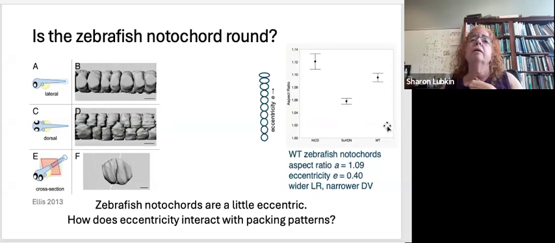In the wild type, which is dominated by the staircase pattern, we have an aspect ratio of about 1.1, and a sizable eccentricity of 0.4, and it's wider left-right and narrower dorsoventral.